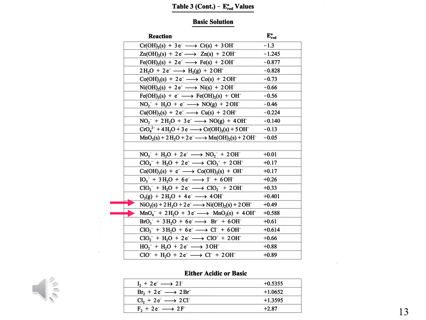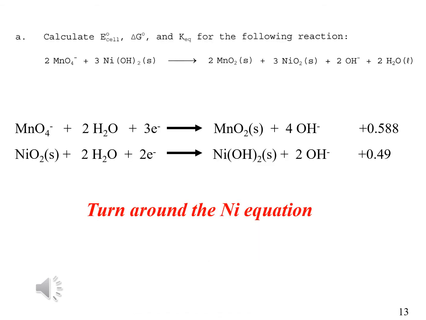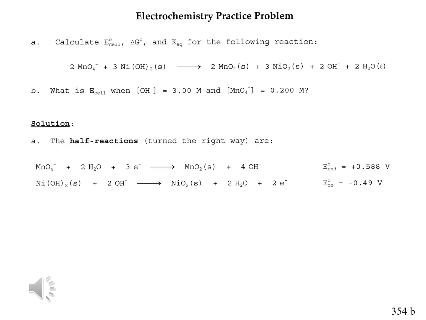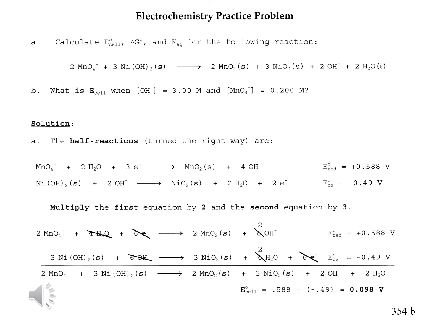The two half reactions are right next to each other in the basic table. I have to turn around the nickel equation, so I have to change the sign of that one. So it now becomes negative instead of positive for nickel. When you multiply the equations by 2 and 3 in order to equalize the electrons, they cancel, and so do some of the other things.